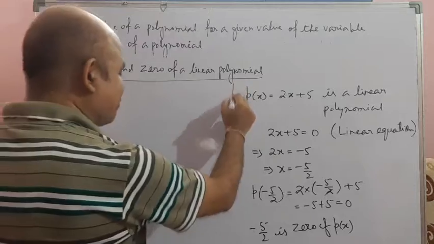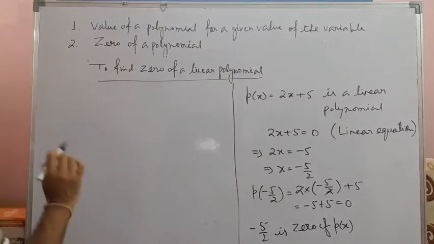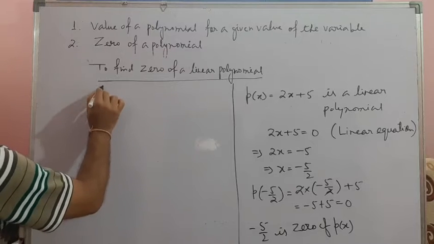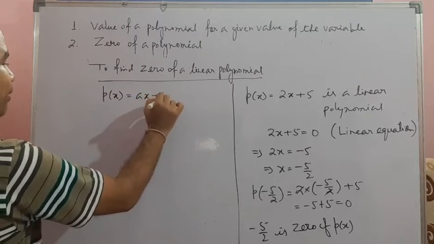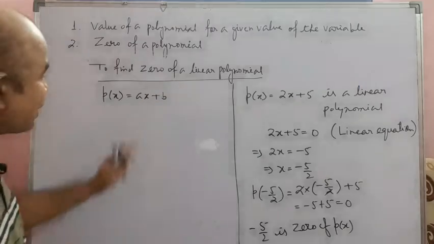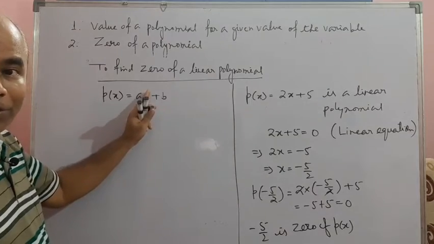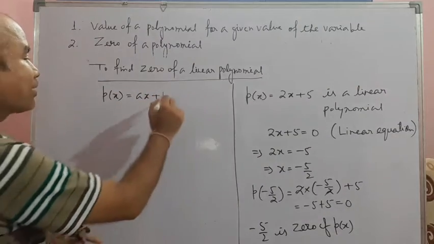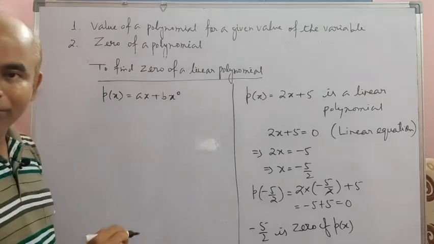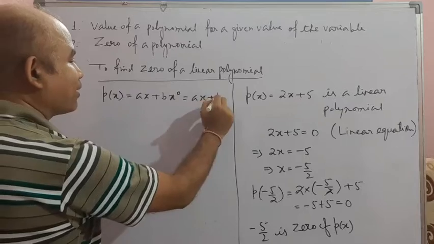Another one, and I prefer this one, is this. As you know, the standard form of a linear polynomial is ax plus b. Because the highest power of x is 1, you have to start from x to the power 1 up to x to the power 0, so there are two terms: one is a into x, another is b into x to the power 0. But x to the power 0 means 1, that's why we write only ax plus b.